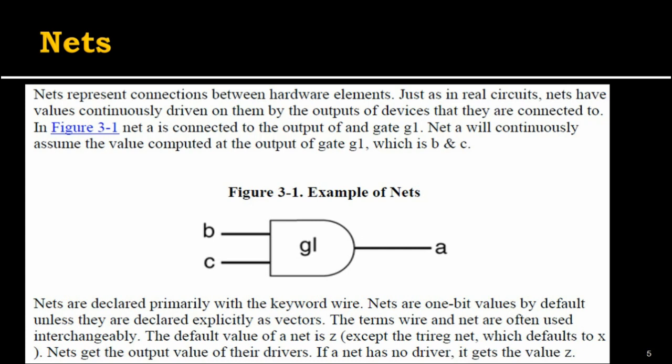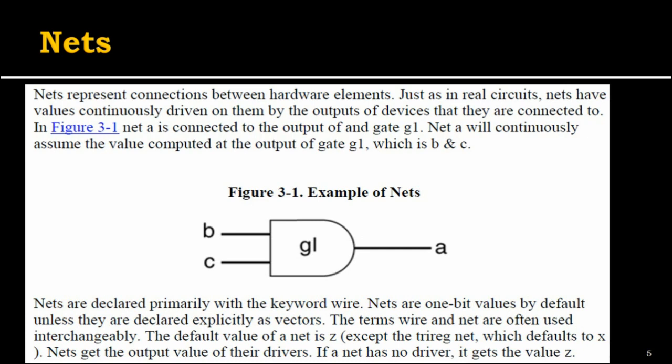Then the default value of a net or wire is Z, the high impedance state, except for the trireg net, which has the default value X. The net gets the output value of its drivers.